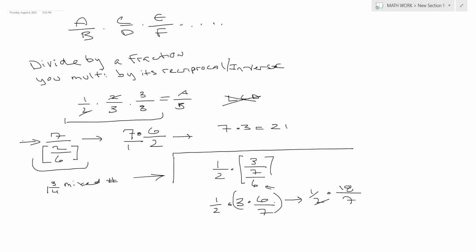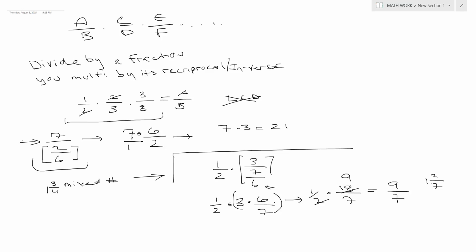So 2 goes into 18 how many times? 9 times. And this is 1/1, so you're left with 9/7, right? Or 1 and 3/7. No, I'm sorry, 1 and 2/7. 1 and 2/7, right? And that's actually a mixed number right here.